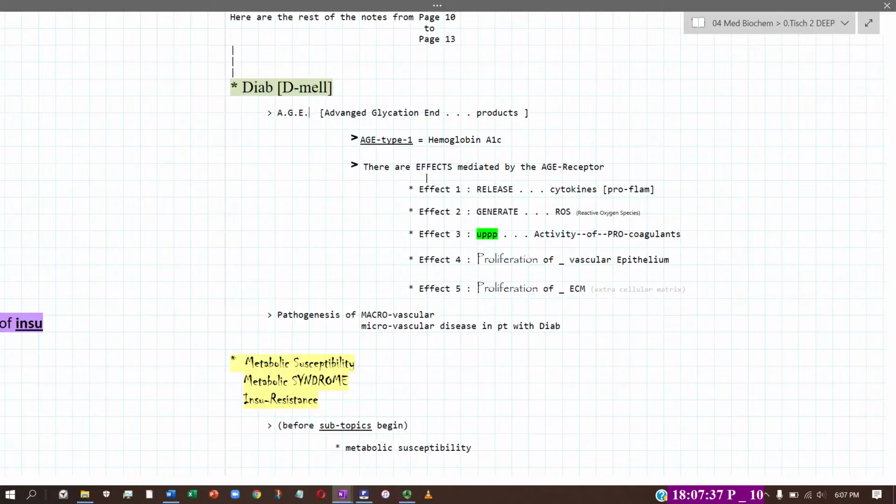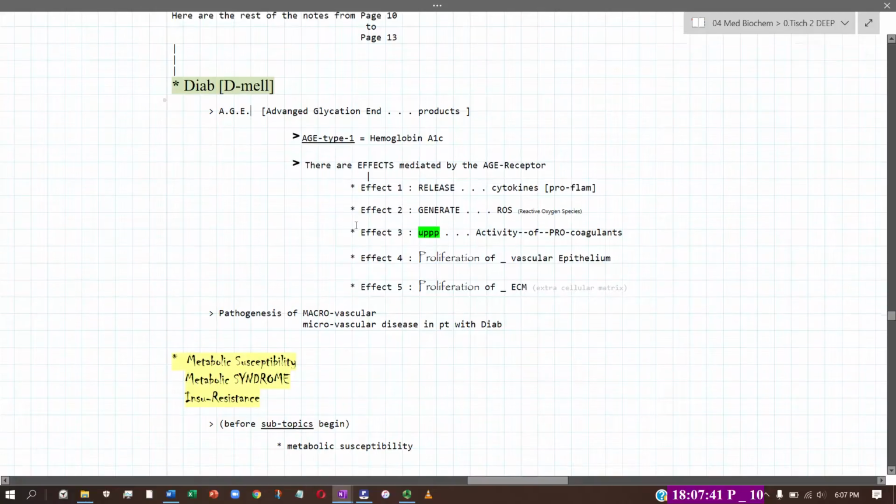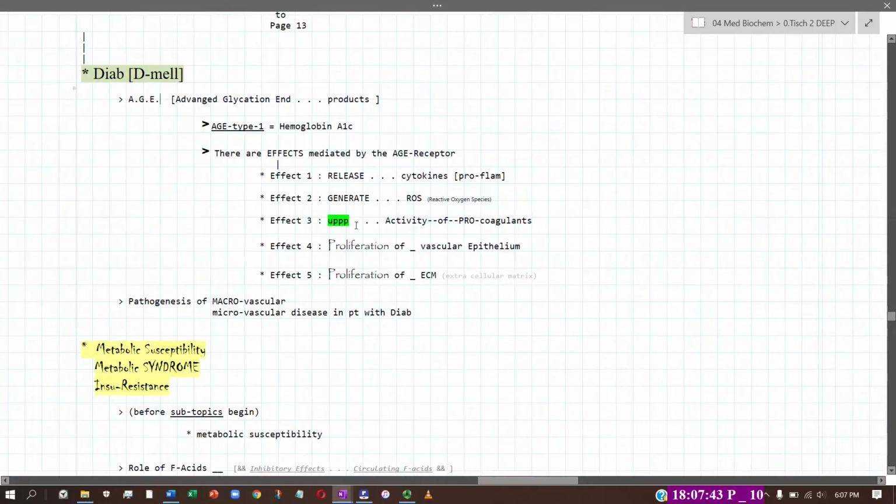That's a big buzz term, and you hear that quite often. And finally, I got around with this class to learn about it. So hemoglobin A1C is a type of AGE, and there are effects which are mediated by AGE receptors.